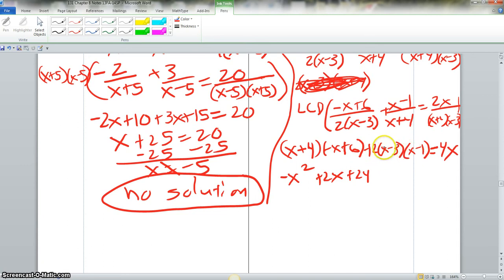So x times x is x squared, so that'll be a positive 2x squared. Then we will be left with a negative 4x times 2, which would be a negative 8x. And negative 3 times negative 1 is positive 3, times 2 is positive 6. And that gives us 4x.